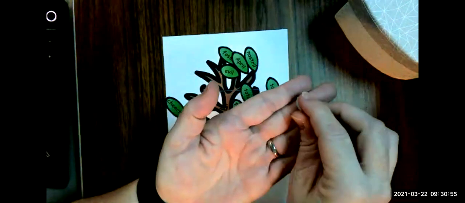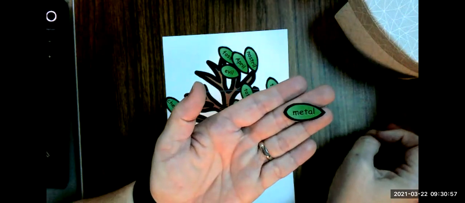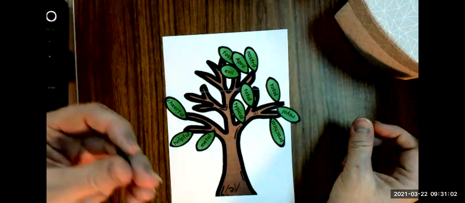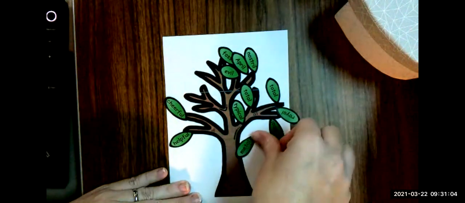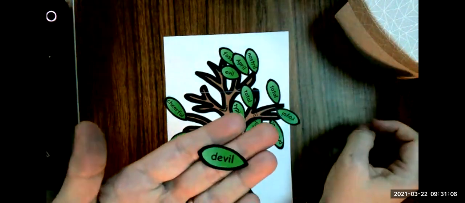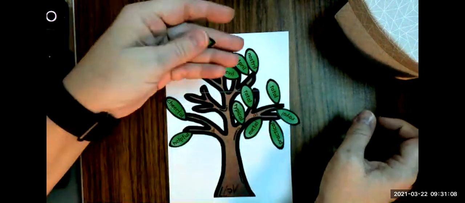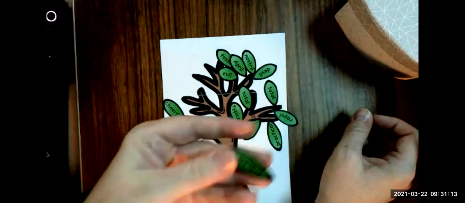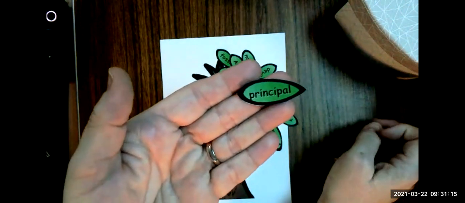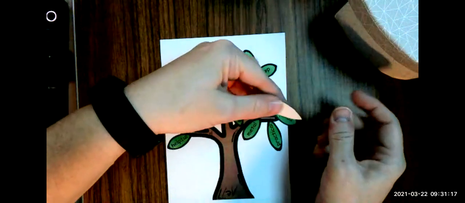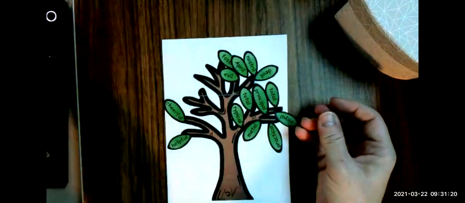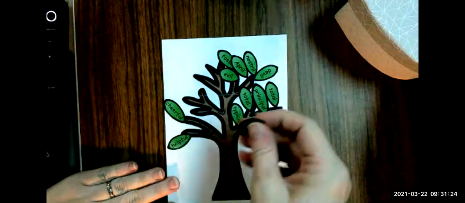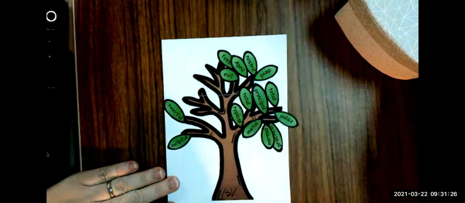We have the word metal. Metal goes with the A-L. Oops, that was the wrong side. We have the word devil. It goes with the I-Ls. Principal goes with the A-Ls. Normal goes with A-Ls.